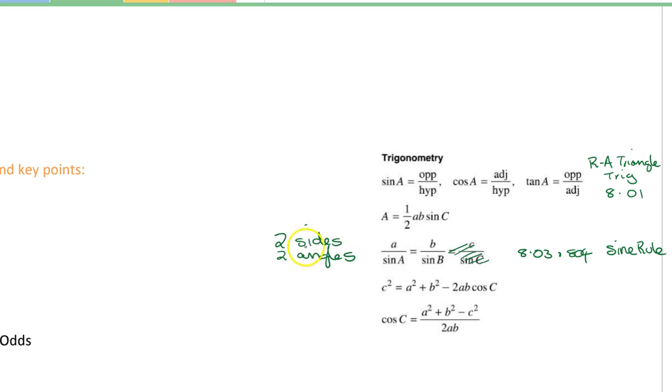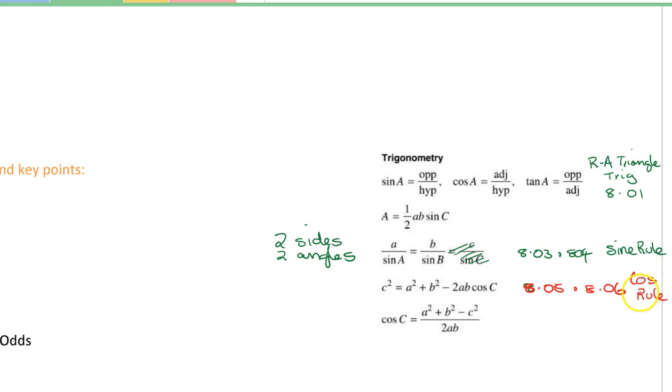Now, that information may not always be given in a triangle, and so that takes us on to the next situation we're going to look at in 805 and 806, and it's called the cos or cosine rule.